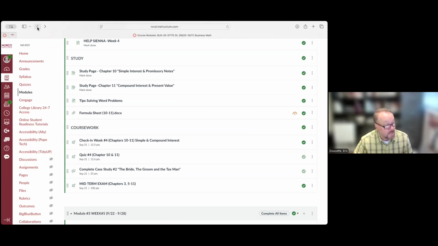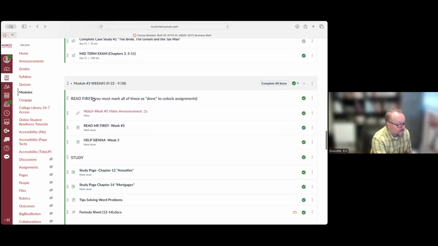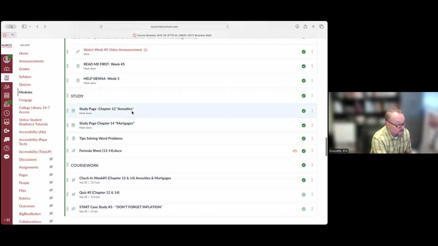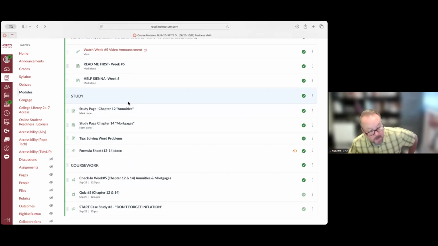So, all right. That's it for week number 4. We'll be starting a new module next week, week number 5, and we'll be doing some similar content to compound interest. I believe it's going to be annuities and mortgages. Mortgages is completely different, but annuities is very, very similar to compound interest.